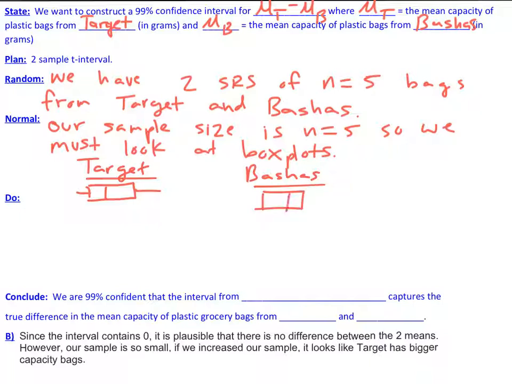The center was a little bit to the right, and then the left tail was a little bit longer. Okay? And then I'll just say over here, no major skews or outliers. Okay?